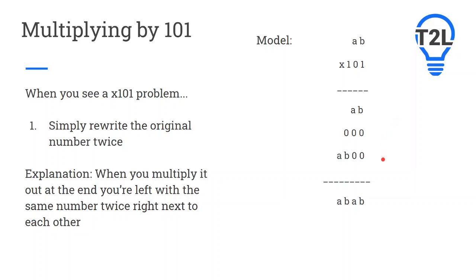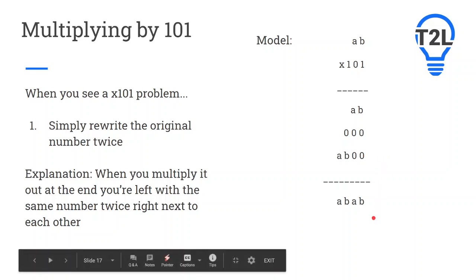And the final part is multiplying AB, your original number, times 100. So what you get is your number, then 2 zeros, and then your original number. That's why you would just write it twice.